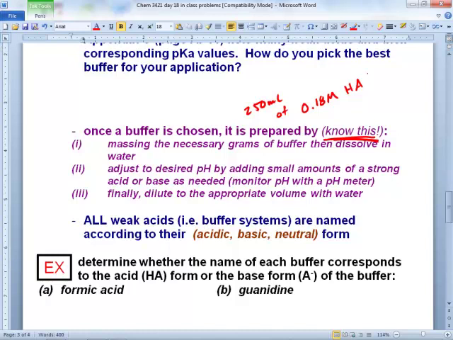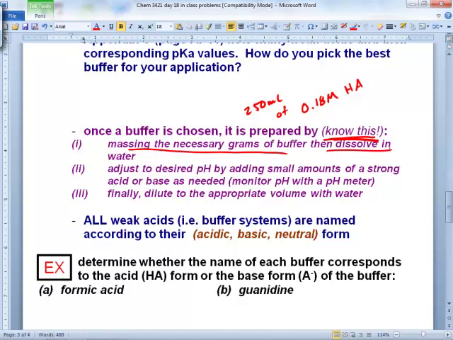Convert the milliliters into liters, then multiply by the big M, so liters cancel, then convert the moles to grams. You can't mass the amount of grams unless you know the volume and the concentration, so that's just assumed. So you mass out the grams.